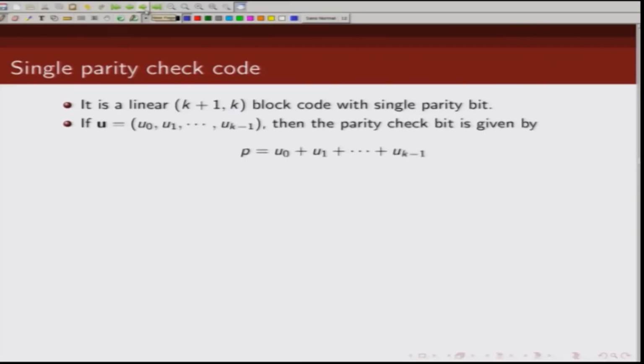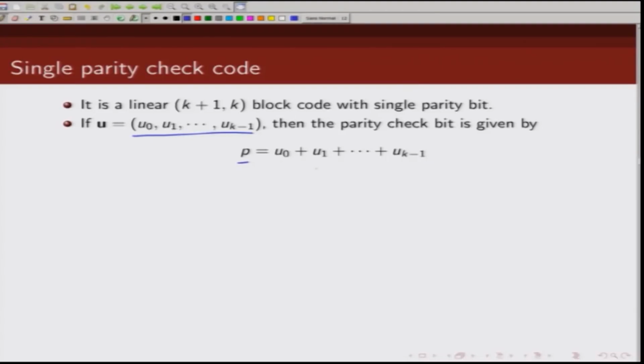This is as follows. If you have a k bit information sequence, let us call it u0, u1, u2, up to uk minus 1, then we generate this additional parity bit in this fashion. So, p is equal to u0 plus u1 plus u2 up to uk minus 1.